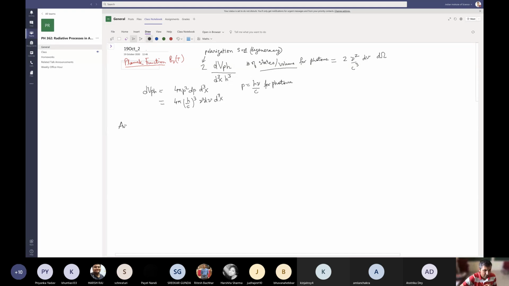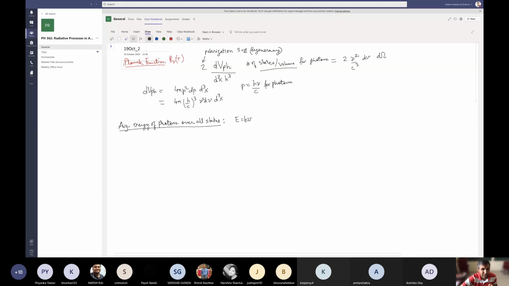So, average energy of photons over all states. You recall some history: that derivation of Planck's function imposes upon us the fact that photons have energy E equals h nu.